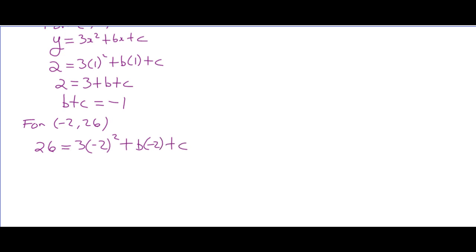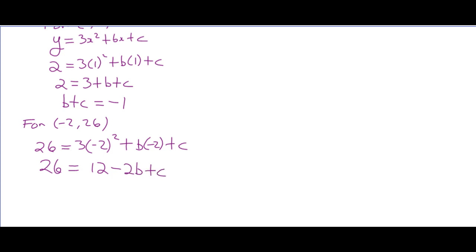Those points have to satisfy the equation, they have to make it true. So now we get 26 is equal to 12. Anybody mind me writing 12? I could go 3 times 4, but that's 12. So minus 2b plus c.